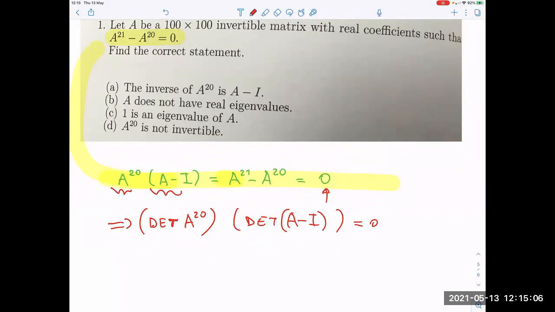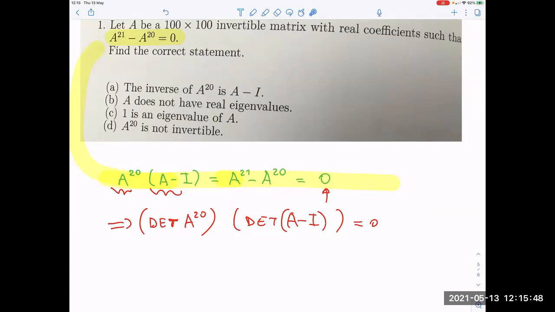So we know that this product is the zero matrix. By the Binet formula, we have a connection with the determinant. Okay, I'm saying something stupid.